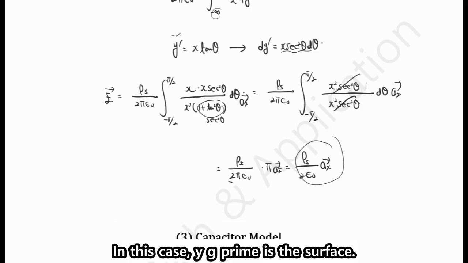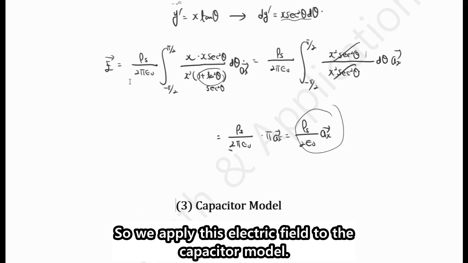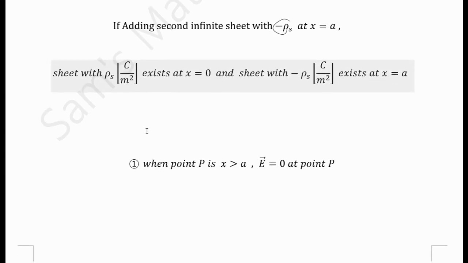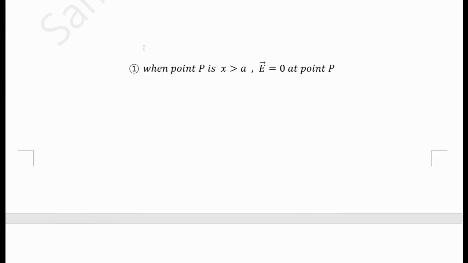In this case, the yz plane is the surface. So we apply this electric field to the capacitor model. If we add a second infinite sheet with minus rho_S at x equals a, we have three cases. When the point P has x greater than a, consider the electric field at point P.